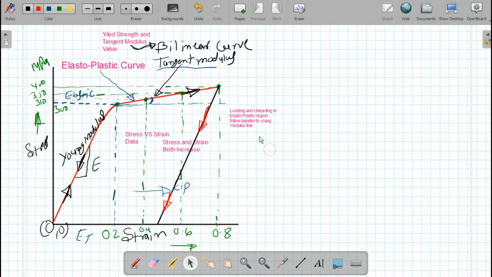This is clear, right? Correct? Yeah. So this is one curve.